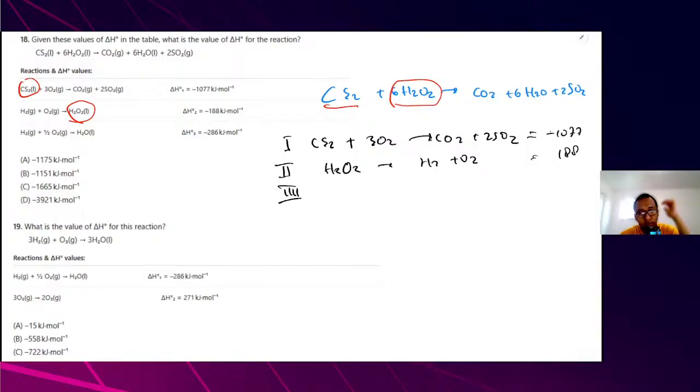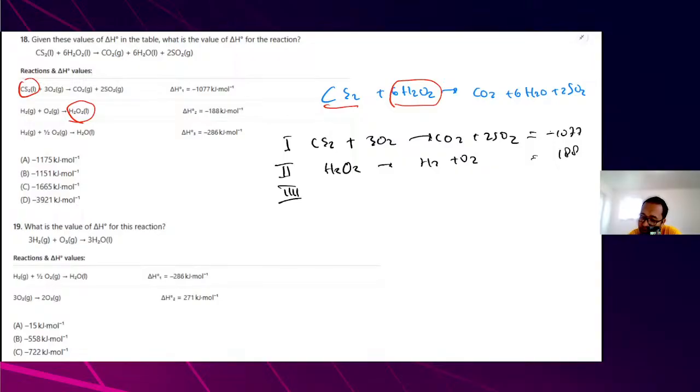We need to manipulate the third reaction so that it functions to cancel out. All right, okay, so now let's put in which one we need to cancel out.